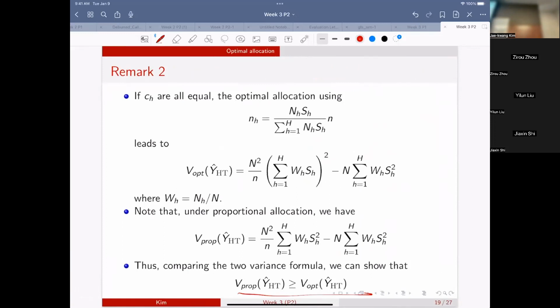But you can actually carry out some algebra and check the variance. So you basically compare this one with this one.